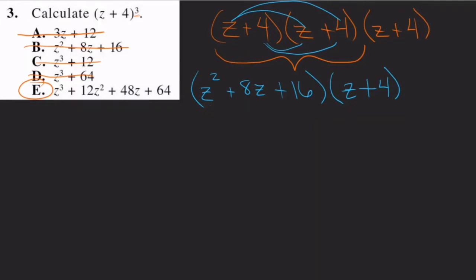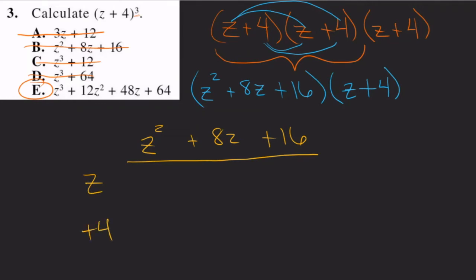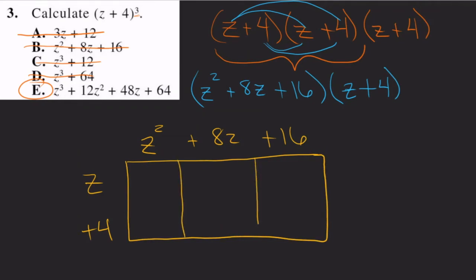So what I'm going to do is use the window method. And so I'm going to set it up. I'm going to say z squared plus 8z plus 16. Okay. And then over here on the side, I'll have z plus 4. And so doing it this way allows me to very easily have a nice graphic organizer way of doing this.